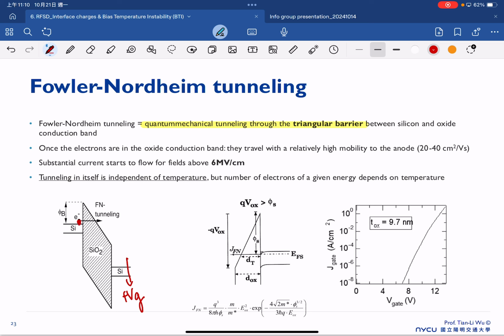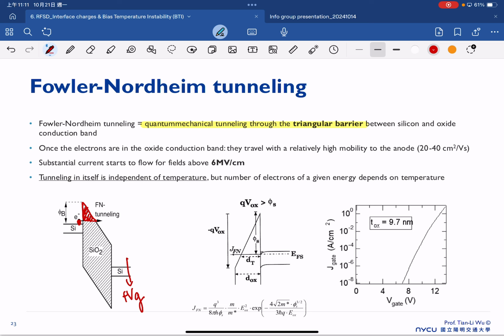The electron here will start to see a smaller barrier, because originally the barrier is here. So there's a very thick barrier. But now we apply the positive gate bias here. Then the barrier that the electron sees becomes the triangular barrier as shown here.